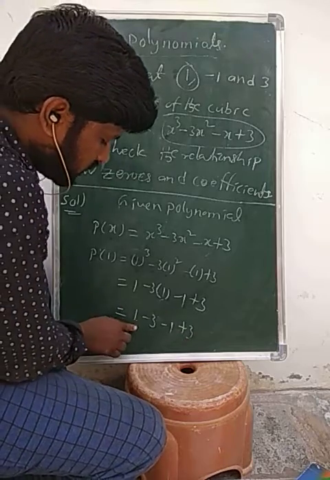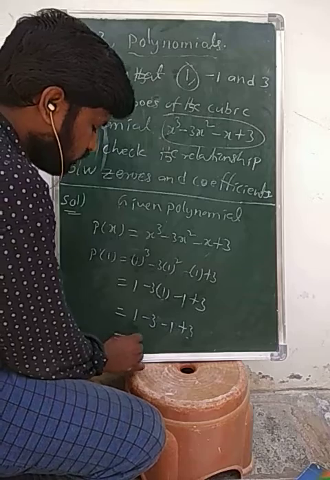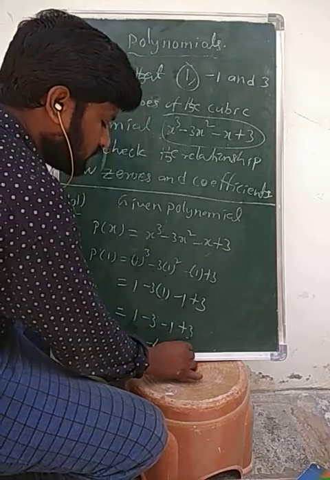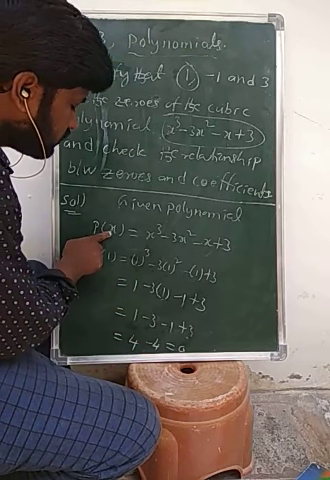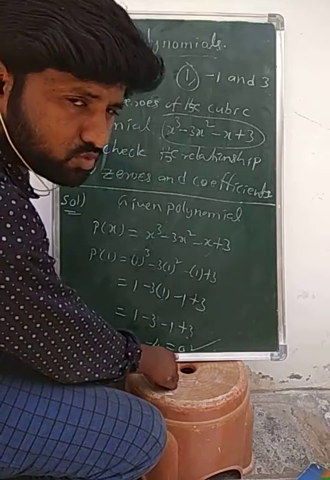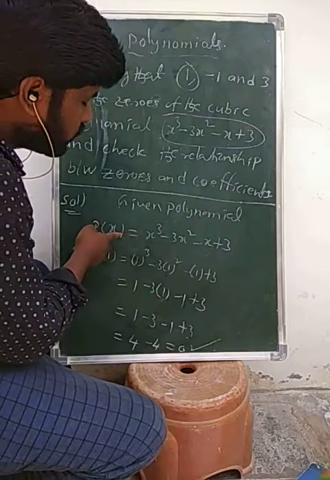Here plus 1 and here plus 3. 1 plus 3 that is 4, minus 3 minus 1 that is minus 4, that is equal to 0. If I replace x with 1, the value of the polynomial becomes 0. So we can say that 1 is a zero of the cubic polynomial.